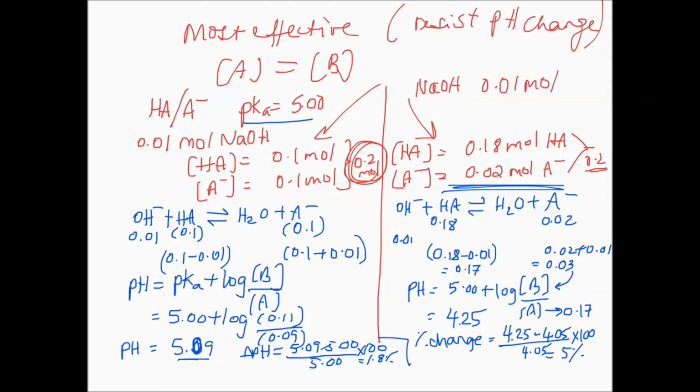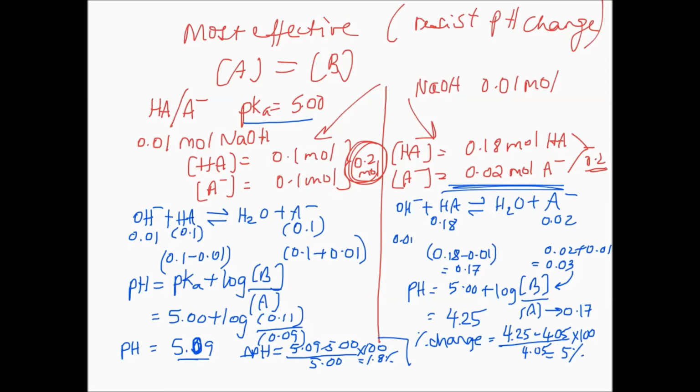A buffer becomes less effective as the difference in the relative amounts of the acid and the conjugate base increases. So just as a guideline, keep in mind that an effective buffer must have a base to acid, or conjugate base to acid, ratio in the range of 0.1 to 10, so plus or minus 1 on a logarithm scale.